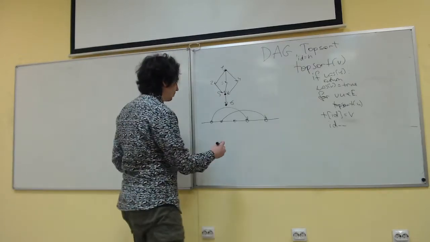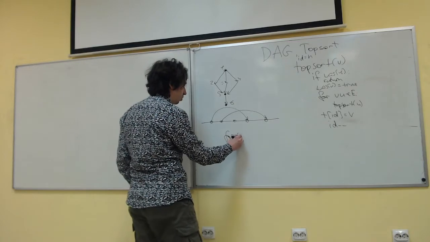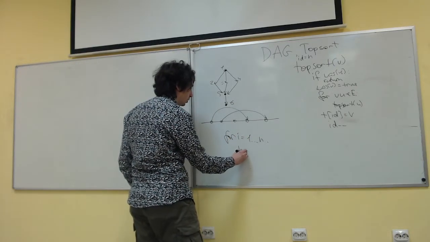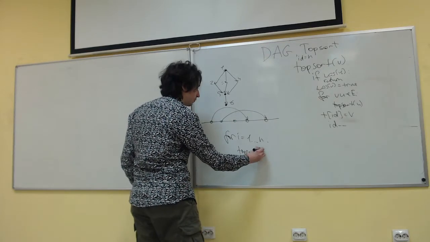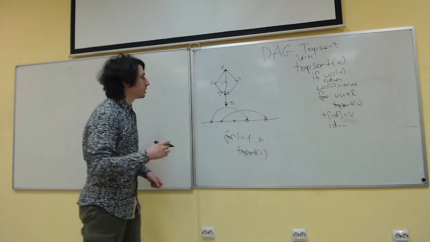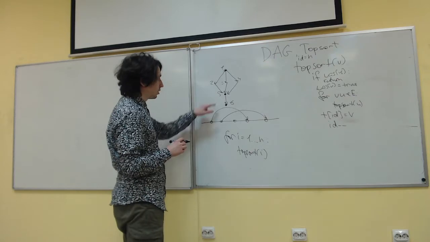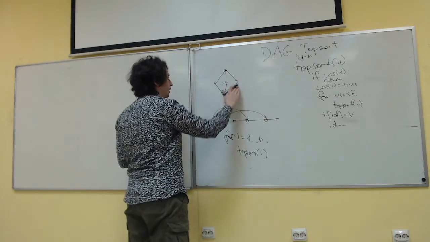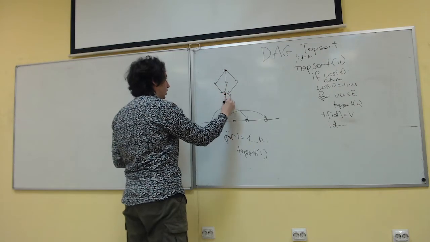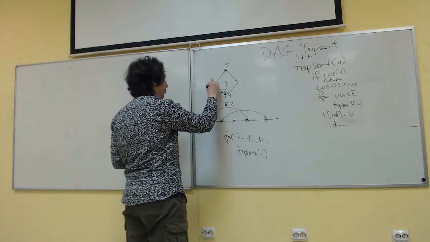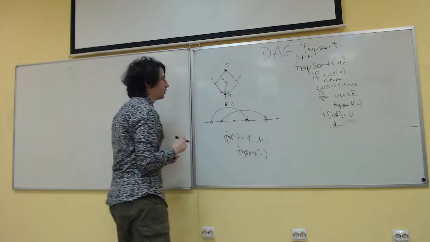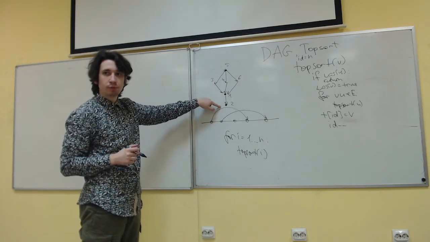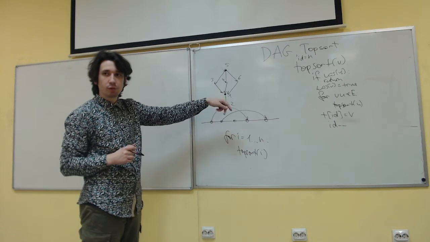And outside, please don't forget that we have to go over all the vertices. We call top sort of I, because, for example, if the enumeration was different and it was like 1, 2, 5, 3, 4, 6, then you start from 1, you visit 1 and 2, and you get out.